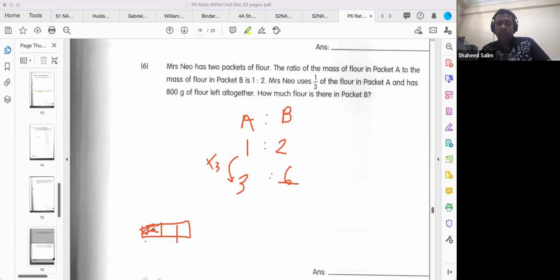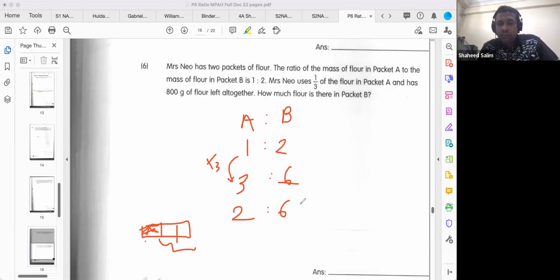Now she used 1/3. So there's 2 units left. So this 2 units is to 6. Do you understand this one? Down here now there's 3 units. Use 1/3. 1/3 is 1 out of 3. So I'm left with 2. So I put a 2 here.